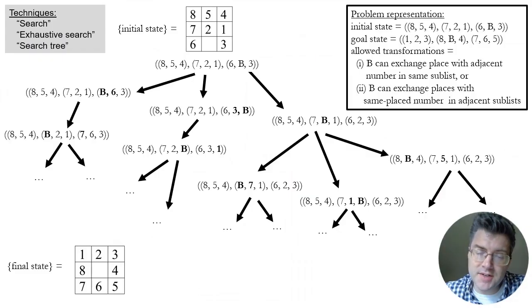Now, once we've expressed the problem in this way, we can do what's called a search, or an exhaustive search, or is sometimes called building a search tree, to look at all of the possible transformations that can be conducted from the initial state to a subsequent state, and then from each of those subsequent states to a state after that.